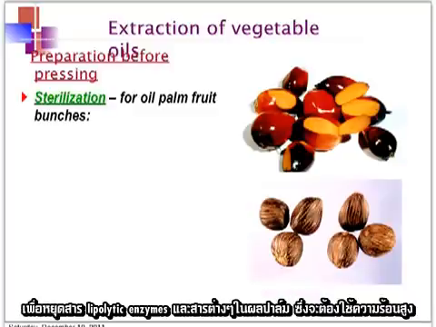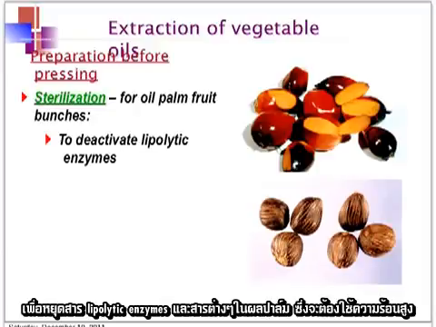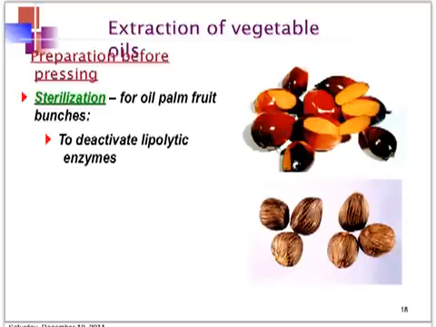The function of the sterilization process is to deactivate the lipolytic enzymes. Lipolytic enzymes such as lipase in the oil palm fruits can cause hydrolysis of the triglycerides, or fat, to produce free fatty acid, and this is an undesirable chemical reaction that needs to be stopped. By using high temperature in the sterilization process, we can deactivate the enzyme and stop the hydrolysis.